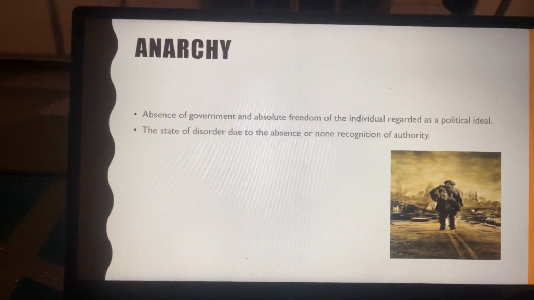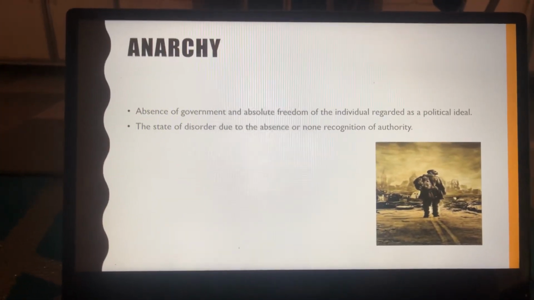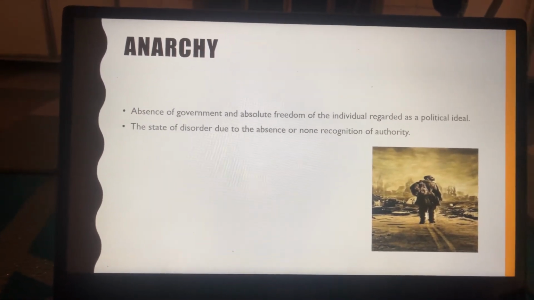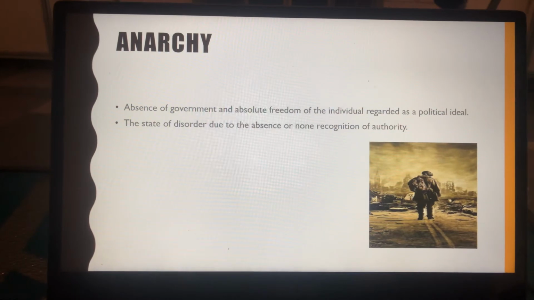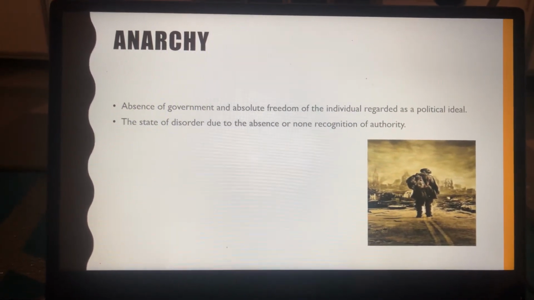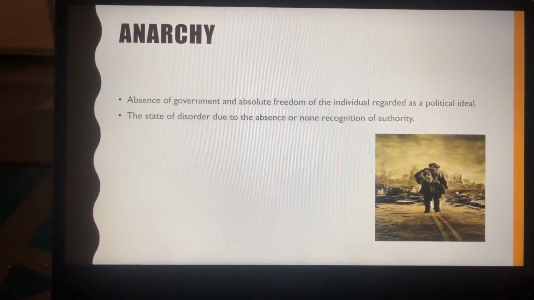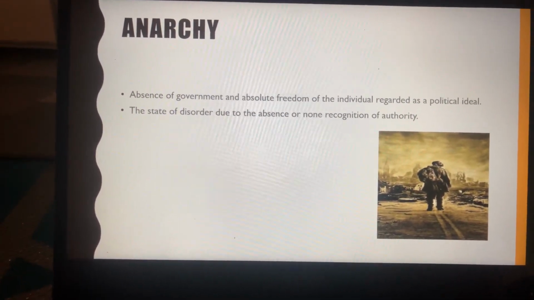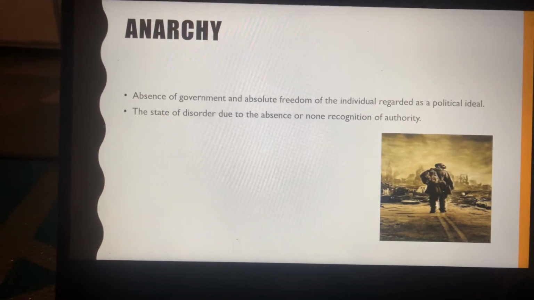So, what ends up happening with anarchy? People believe that one day humanity is going to evolve to a point where we no longer need rules or laws given to us from a government body. And therefore, we as human beings have evolved so greatly that we can govern ourselves without any form of government.